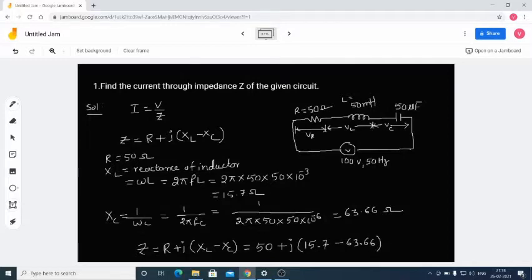Finally, we will get 50 minus j 47.96 ohms.